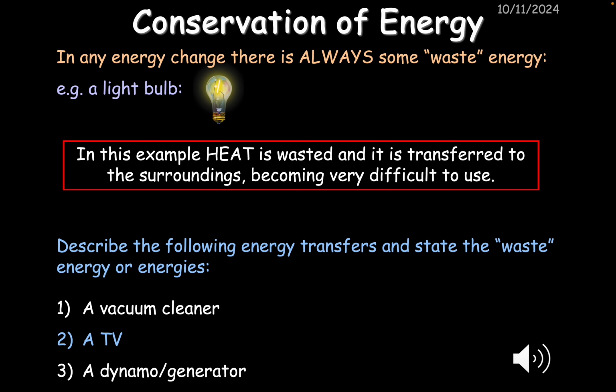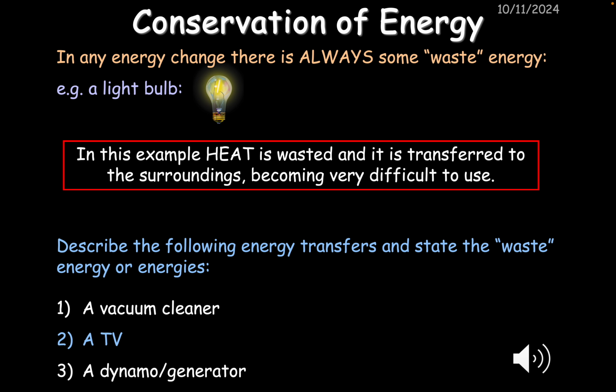A TV also, you want the light radiated from the screen so you can see the pictures, and you want the sound so you can listen to the audio. So these are forms of energy transfer which are wanted, but in the process, again, some of it is wasted in the form of unwanted thermal energy. Okay, so it will go to the surroundings.